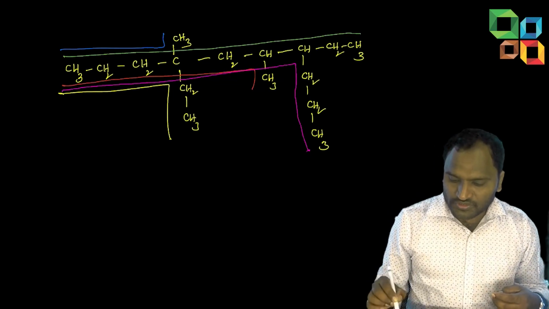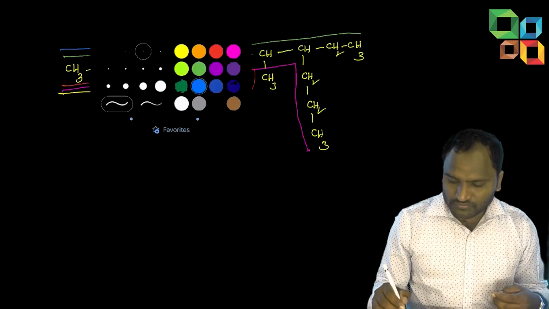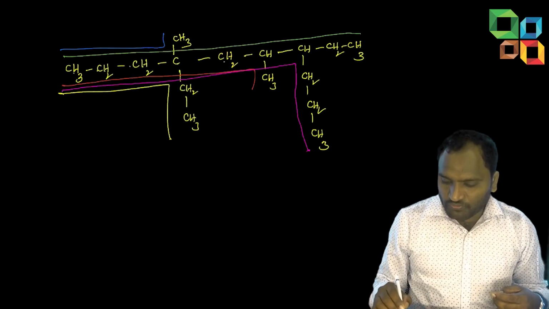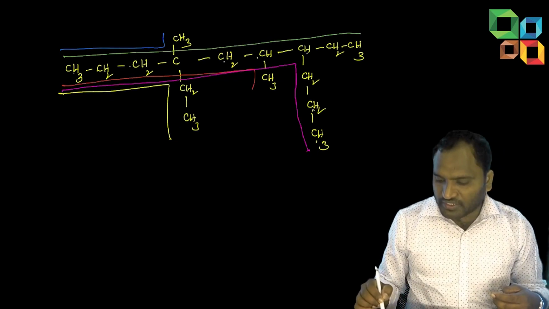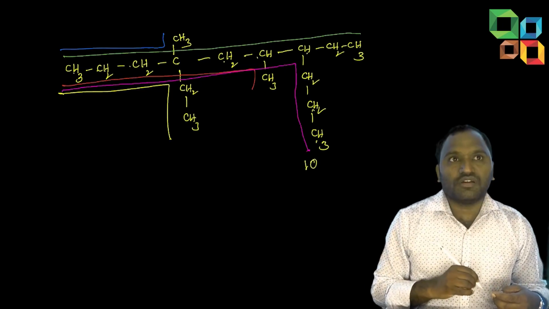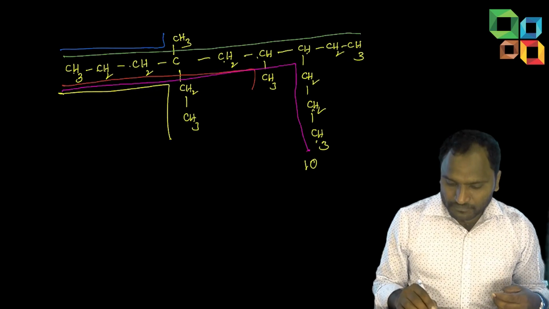Purple, if you consider, 1, 2, 3, 4, 5, 6, 7, 8, 9, 10 carbon atoms we got in this direction. In the green chain only 9 is there.